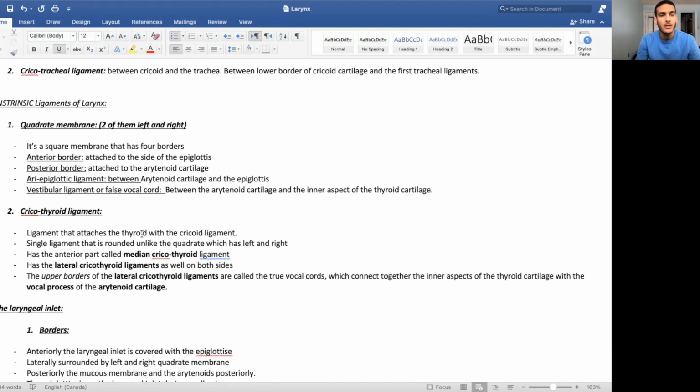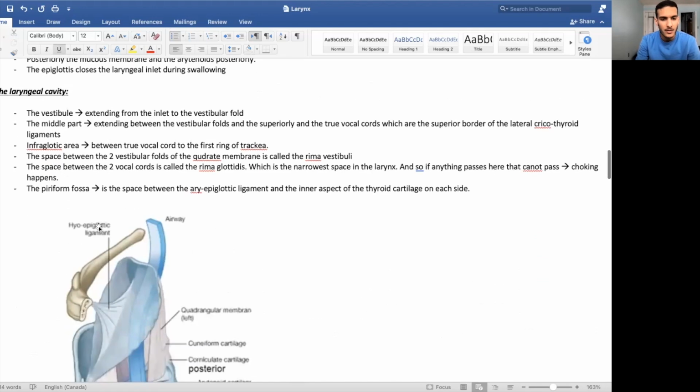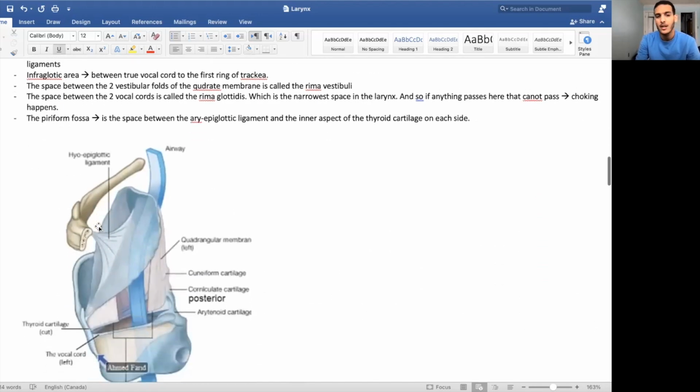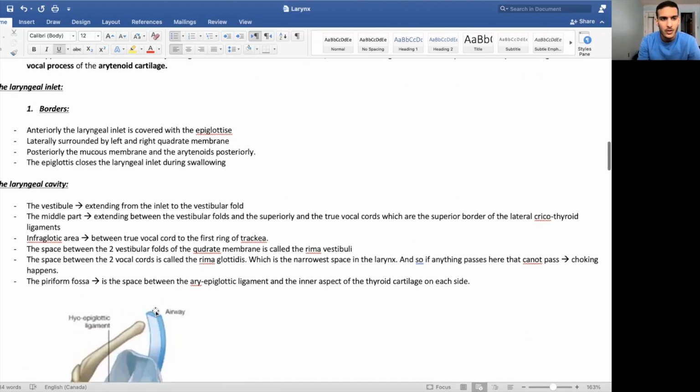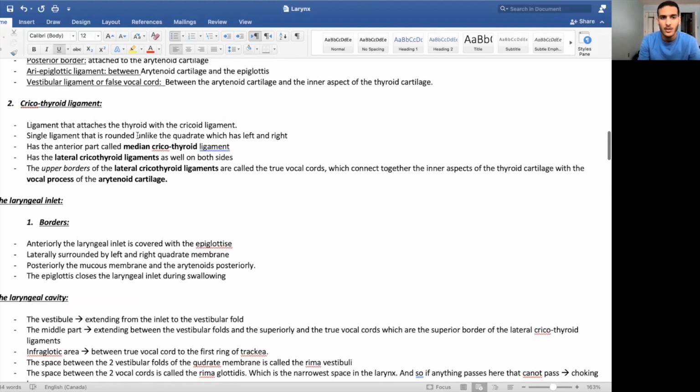Okay, and then we have the cricothyroid ligament. The cricothyroid ligament is very important. From its name, we know that the cricothyroid ligament is found between the cricoid cartilage and the thyroid cartilage, attaching the thyroid cartilage with the cricoid cartilage.